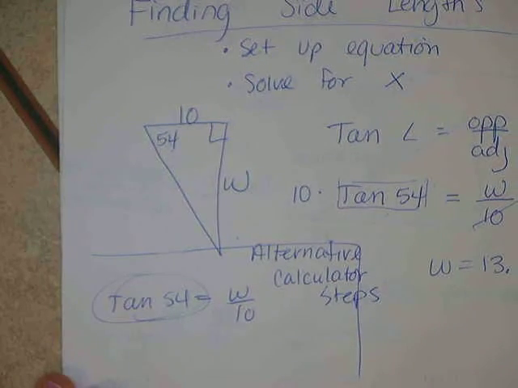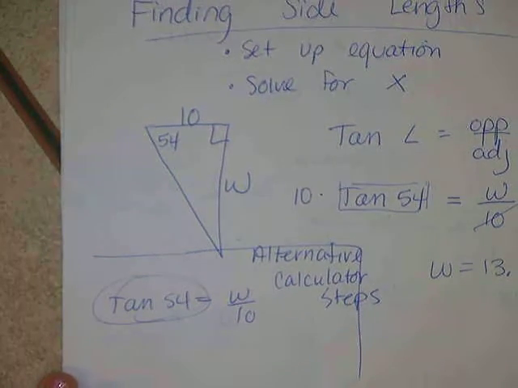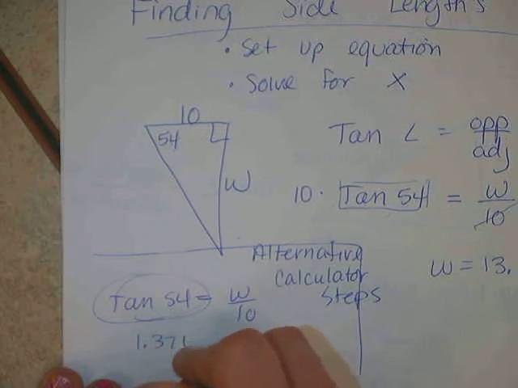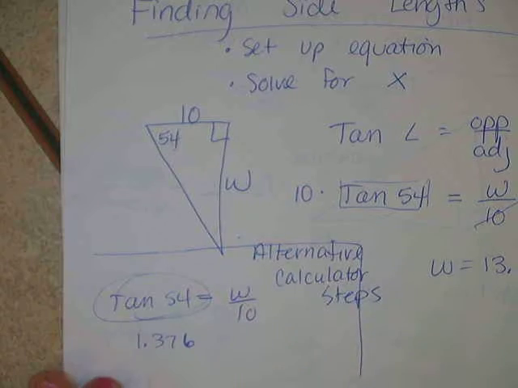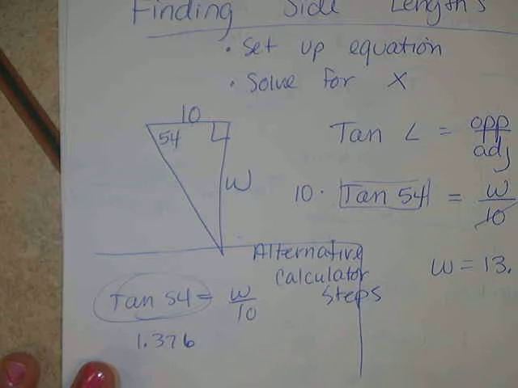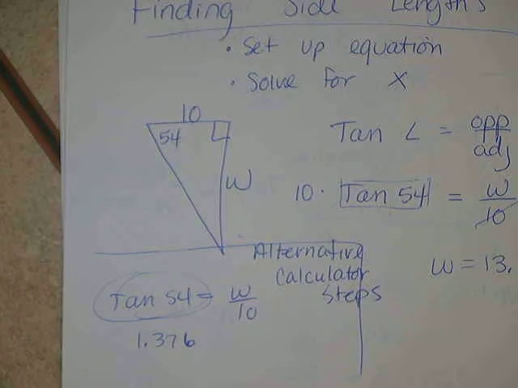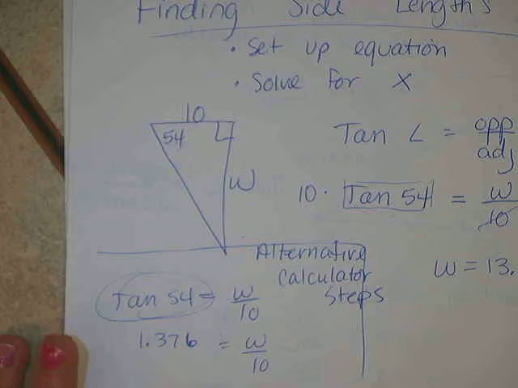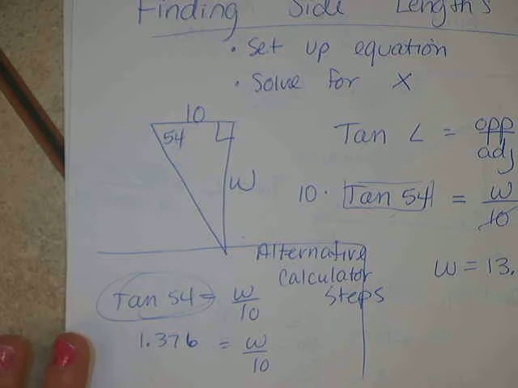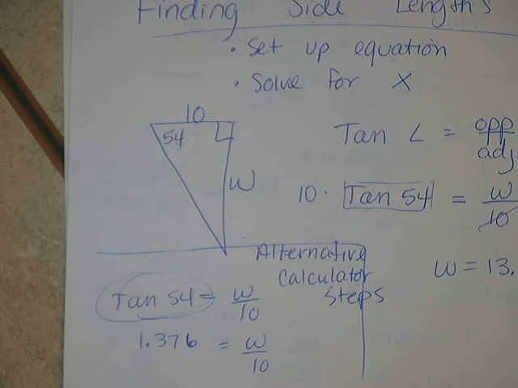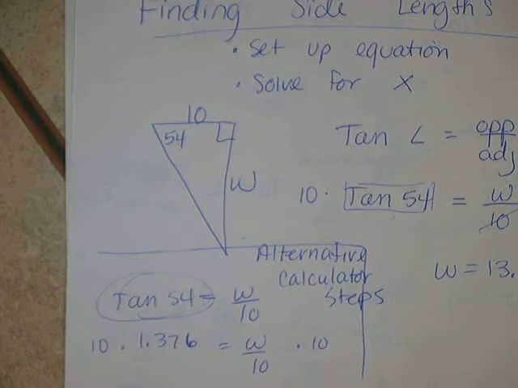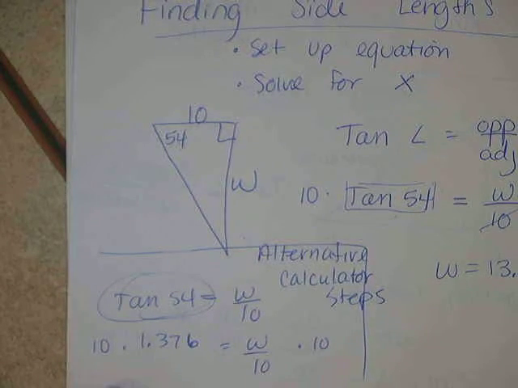Alternative calculator steps is find the tangent of 54. Okay? So if I have tangent of 54 equals W over 10, then I can calculate this by doing 54 and hitting tangent, which is going to give me 1.376. And there's more than that, but if you're going to do it this way, I would keep at least 3 decimals on that.